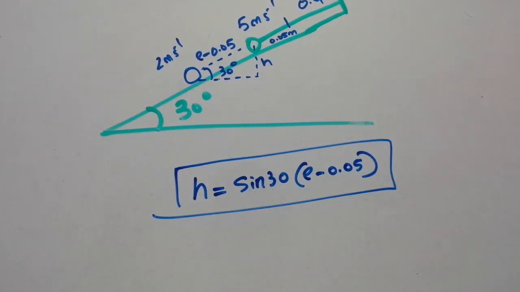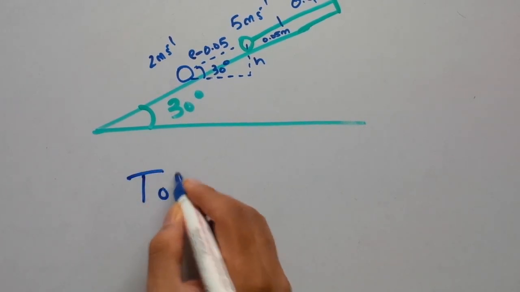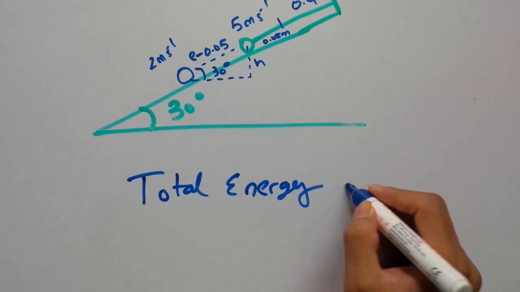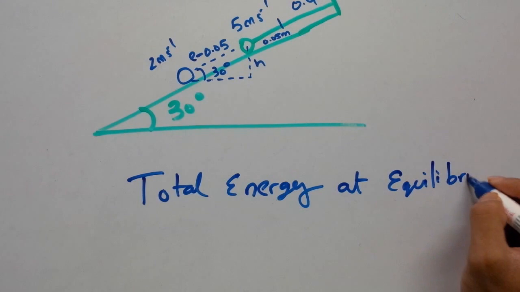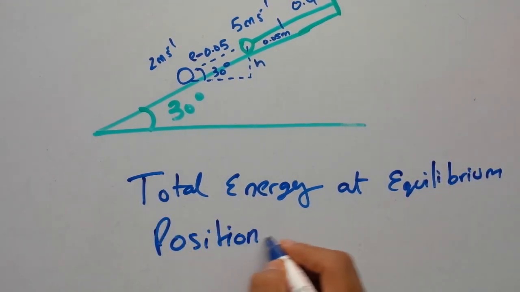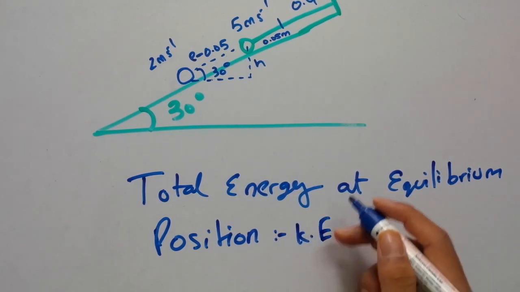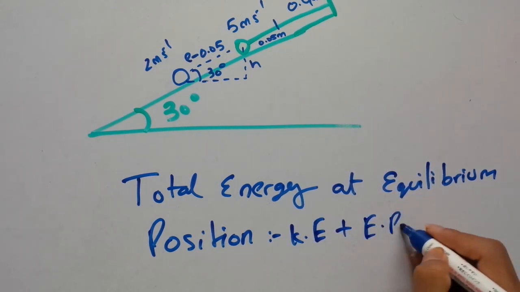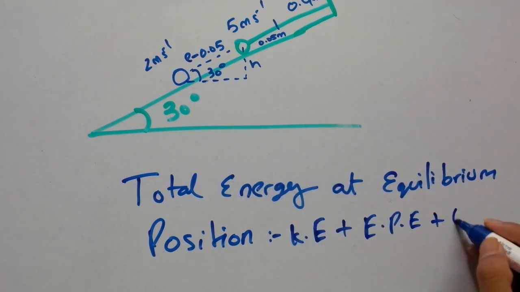Now writing the energies, total energy at equilibrium position, we have kinetic energy plus elastic potential energy plus gravitational potential energy.